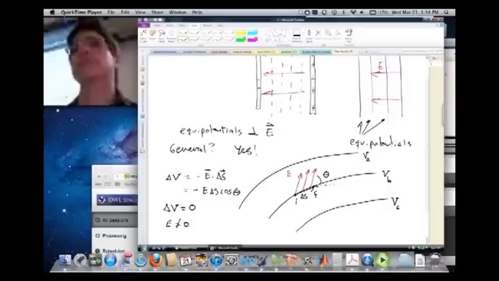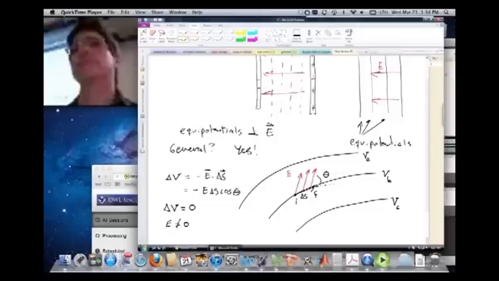Now the equipotentials, we've discussed this before, inside the capacitor form planes that are parallel to the plates of the capacitor. So that means that the electric field lines and the equipotentials form 90 degrees. They're perpendicular to each other. This is for the case of a capacitor.